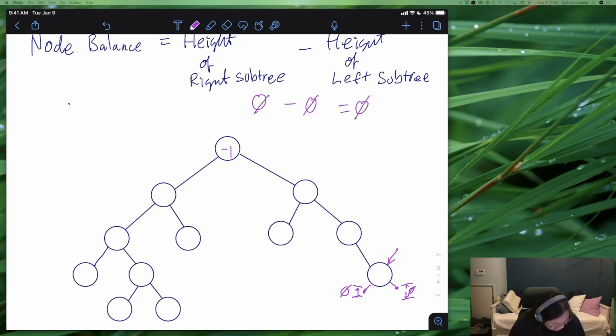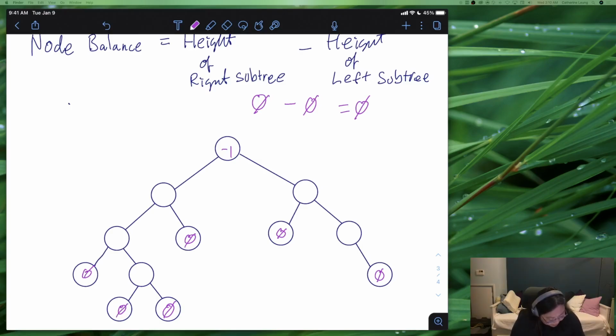And so the balance at the leaf node here is 0. In fact, you can say that for any given leaf node, the balance will be 0. So right away, we can say that this balance is 0, this is 0, this is 0, this is 0, this is 0. So it leaves only a few more nodes to look at.